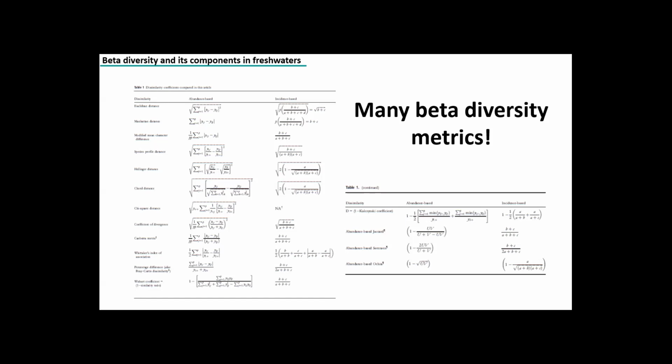You can also try to control the influence of differences in species richness between communities using the turnover component or other metrics, but there are many options of dissimilarity metrics.